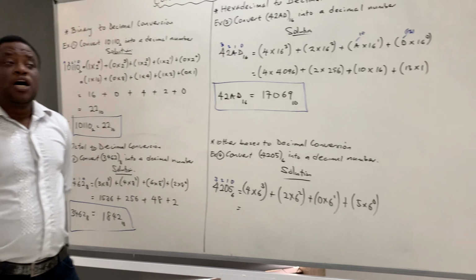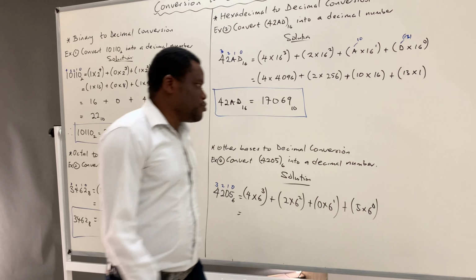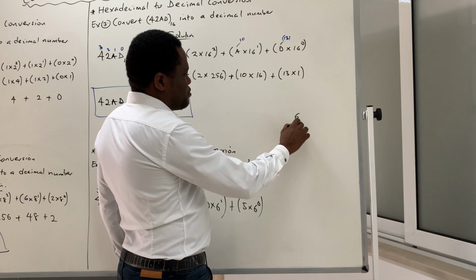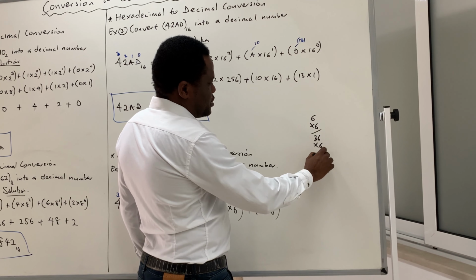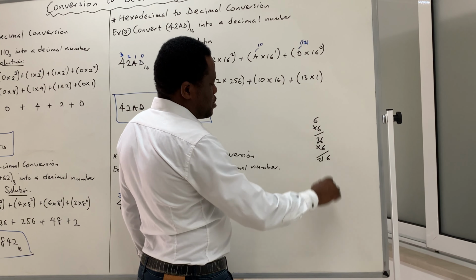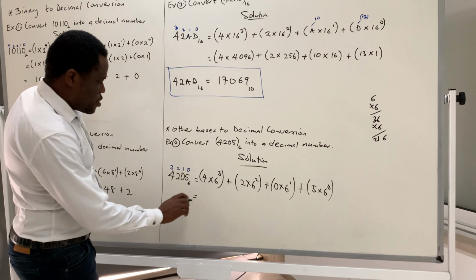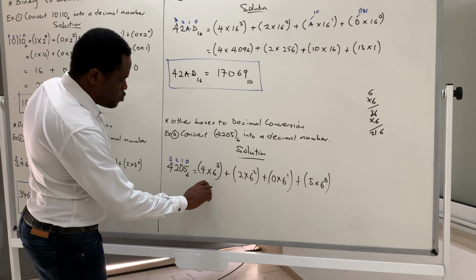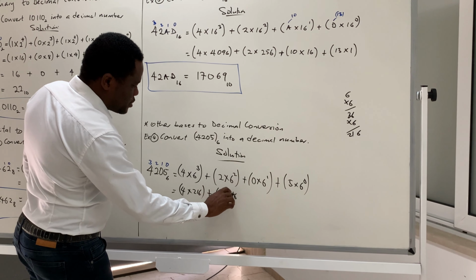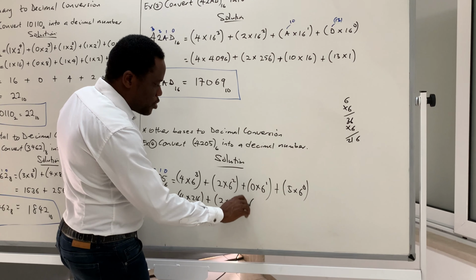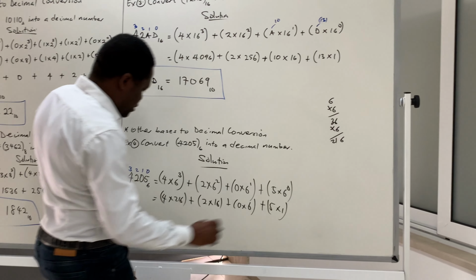Now, 6 squared, 6 cubed. 6 times 6 is 36, times 6 is 216. That is 4 times 216 plus 2 times 36 plus 0 times 6 plus 5 times 1, right?